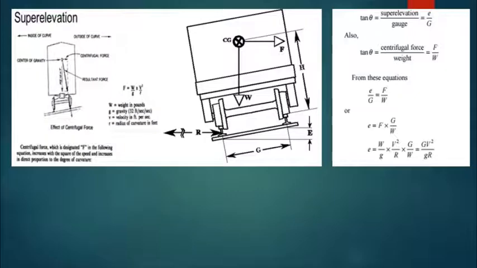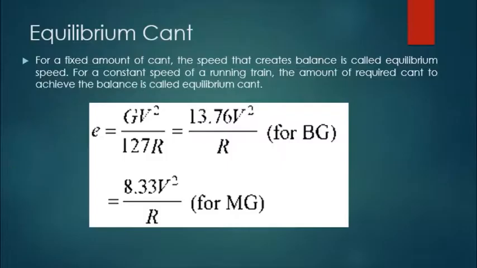So you can calculate the cant or super elevation using this equation, E = GV² / gR. The university may ask some problems from this section, so you have to learn this equation by heart. You will be provided with the velocity, the gauge width, the acceleration due to gravity and the radius of the curve. Then you can easily calculate the cant or super elevation using the equation E = GV² divided by g into R.